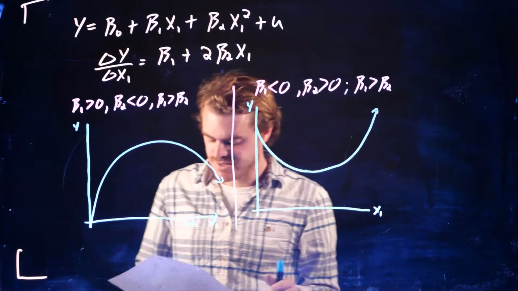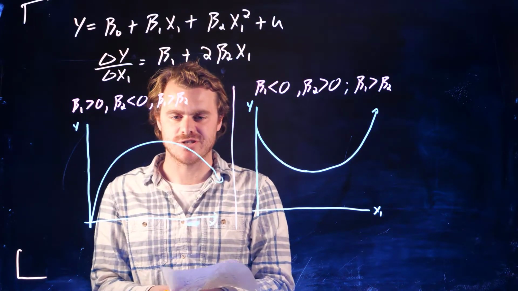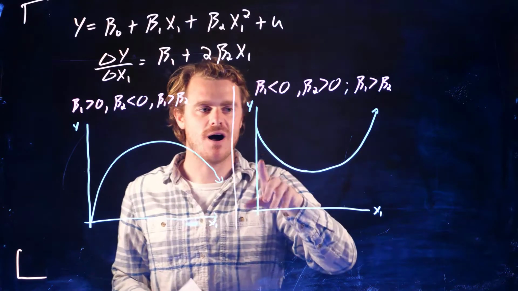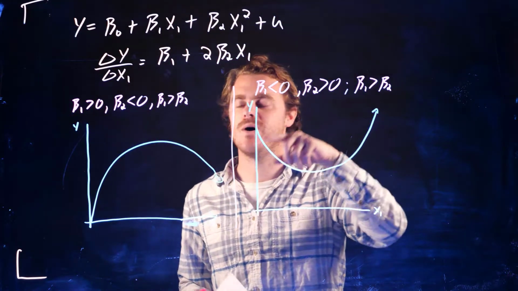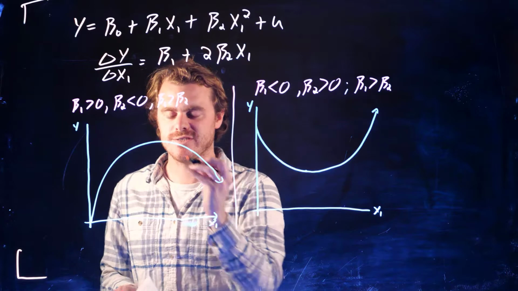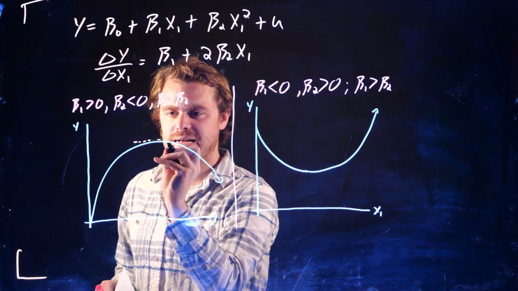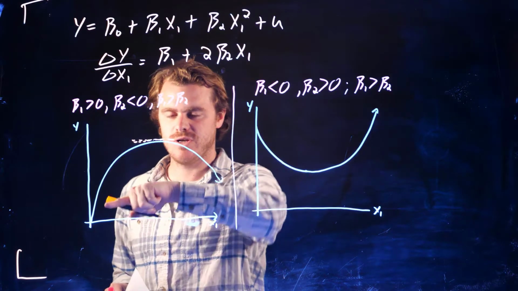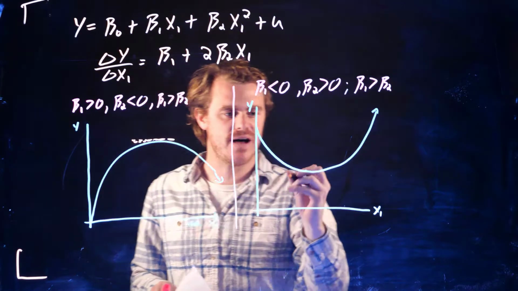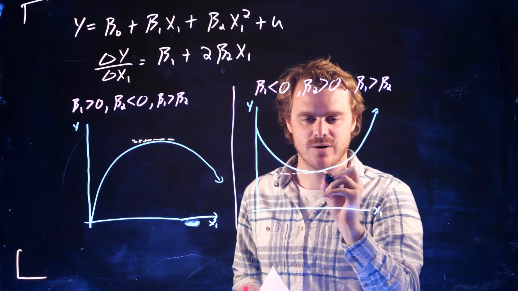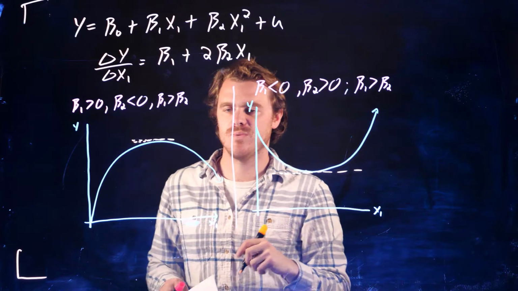And so, something else we might be interested in, if these are the two different possible relationships between x1 and y, is where the returns to x1 are maximized, or whether the returns to x1 are minimized. Well, we know how to do that.